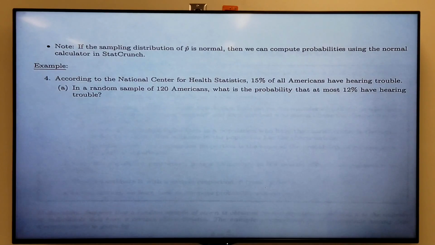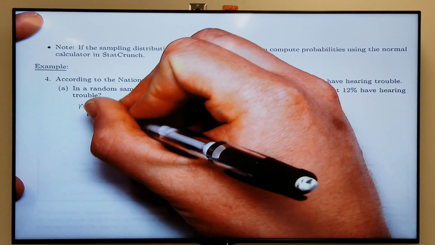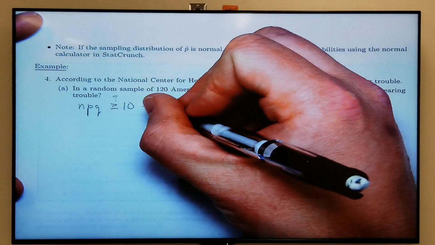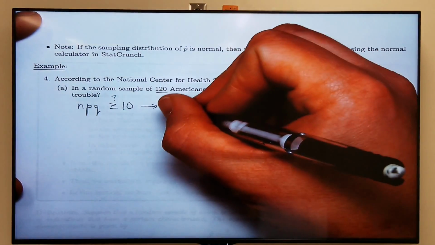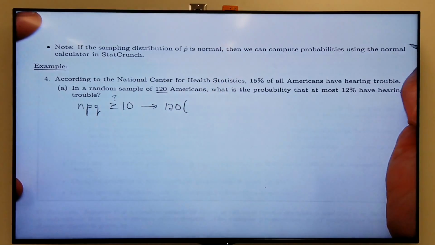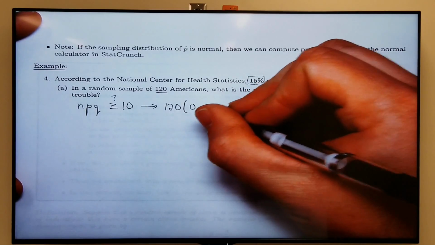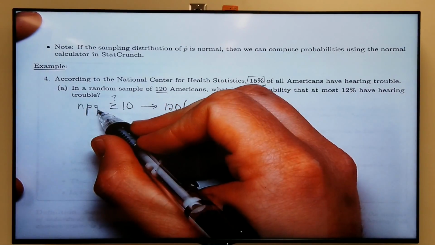So we know that under certain conditions, p hat is going to be normally distributed. In particular, we should check to make sure that n times p times q is bigger than or equal to 10. Let's see. So our sample size was 120. Our population proportion was 15%. Q is 1 minus p, right?